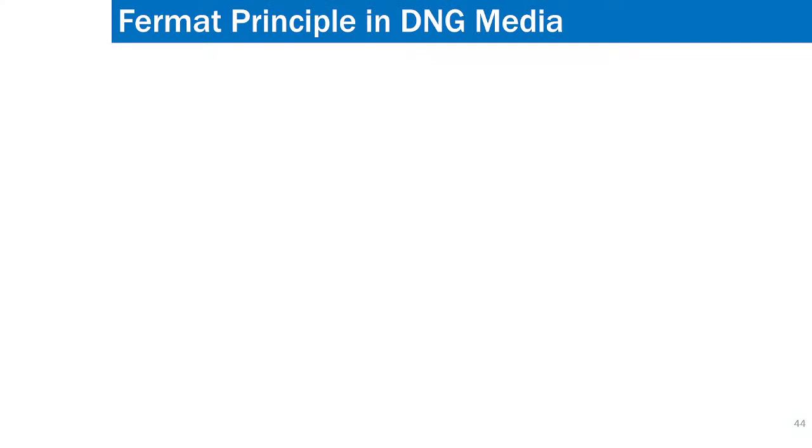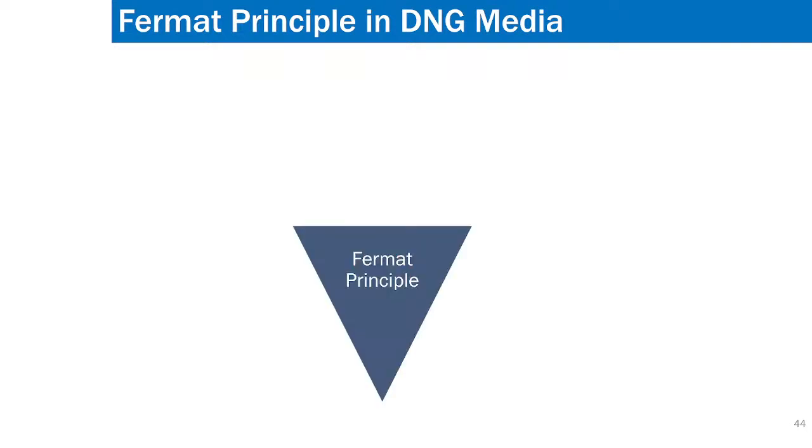So we'll start with the Fermat principle in the double negative media, or the left-handed media, or a media with negative refractive index. Now when we say Fermat principle, it is based on the principle of least action.